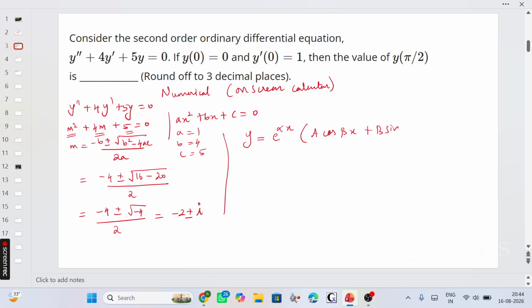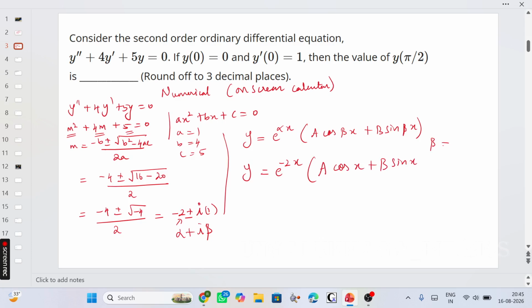So the complex roots, which is nothing but alpha plus i beta, here alpha is minus 2 and beta is 1 here. So I can write y is equal to e power minus 2x into a cos x plus b sine x, because beta is equal to 1. So from the format of a differential equation.